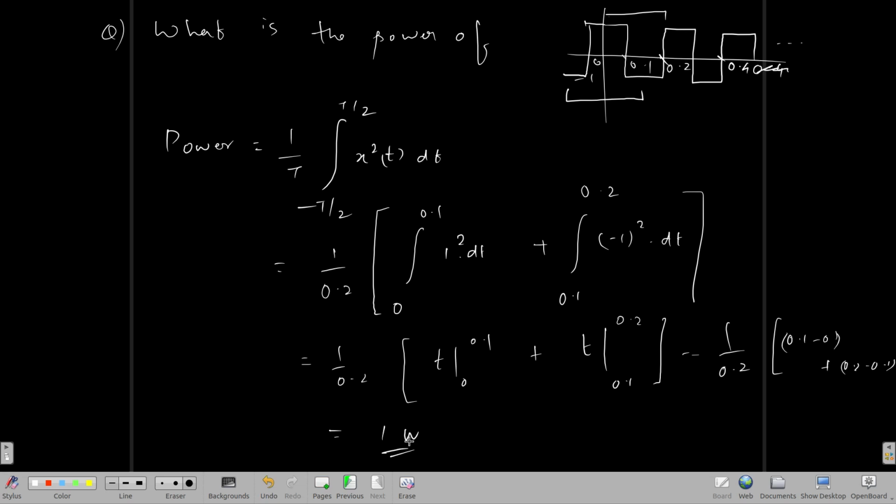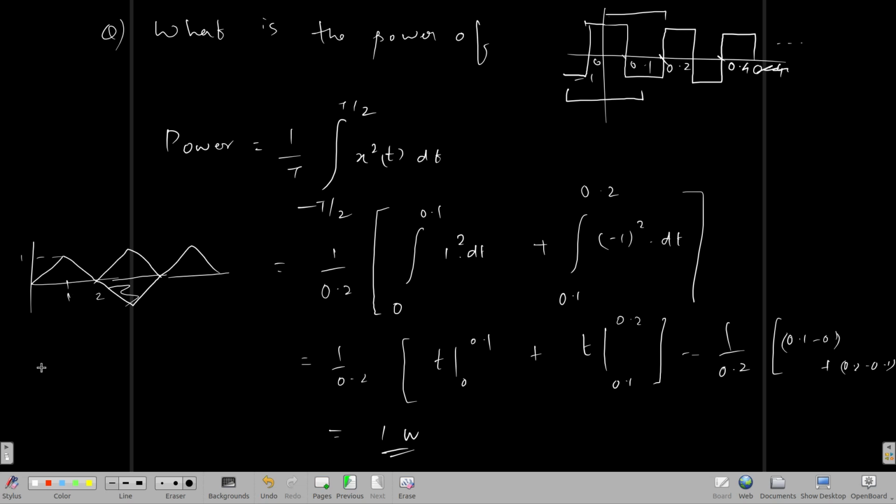So what do we do for one period? Suppose the signal is something like this, or let's say it is something like this. How will you take the signal? This is 1, this is 1, and for convenience I'm taking the slope as 1 and minus 1.